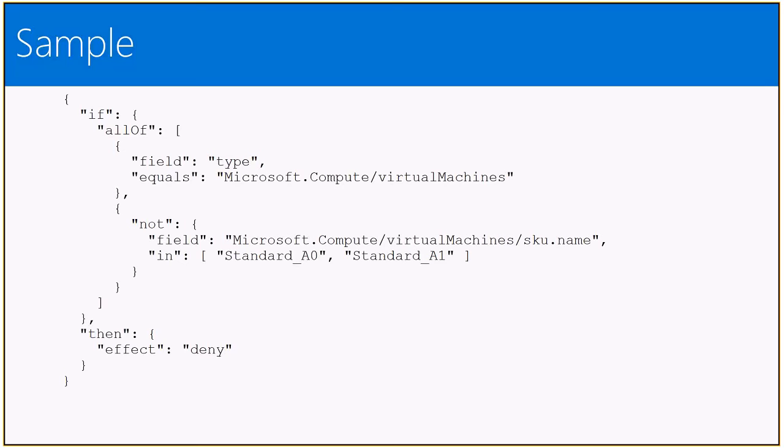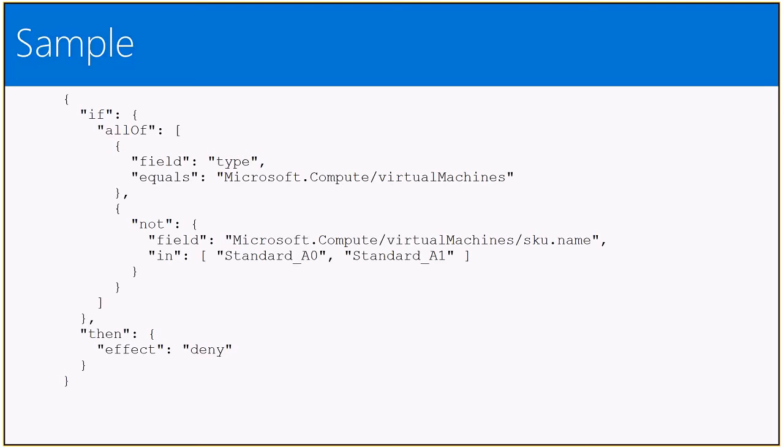You can use a logical operator such as allOf, anyOf, or not. You can also use a condition with a field and equals or in, which helps you do different types of comparison. And then you define the effect you want. The most common one is deny, which will fail your request.